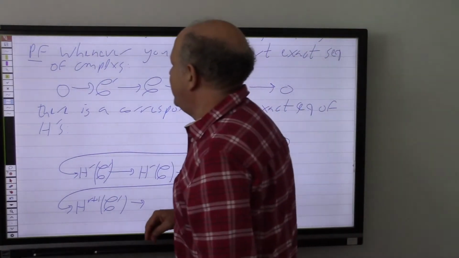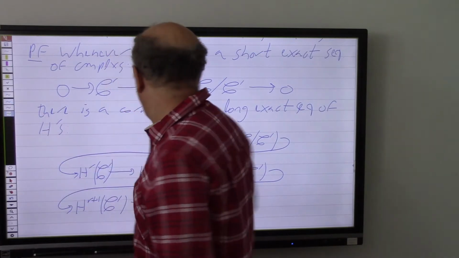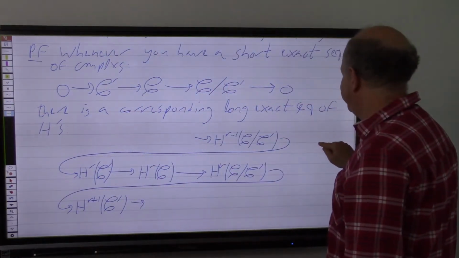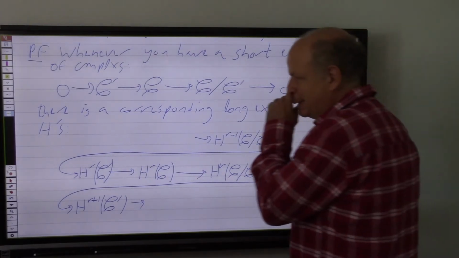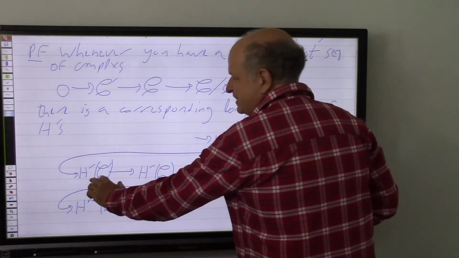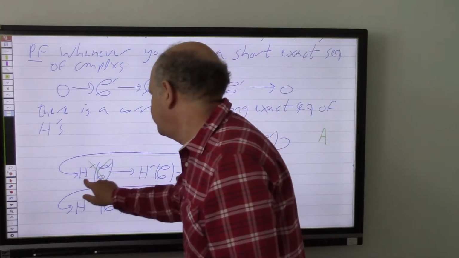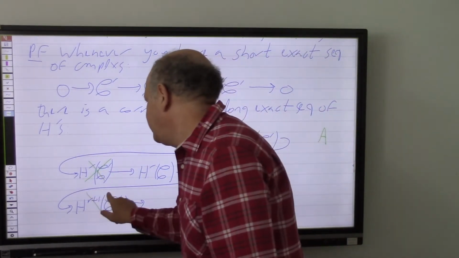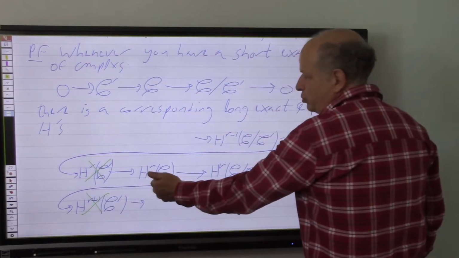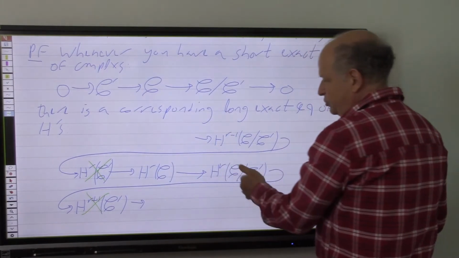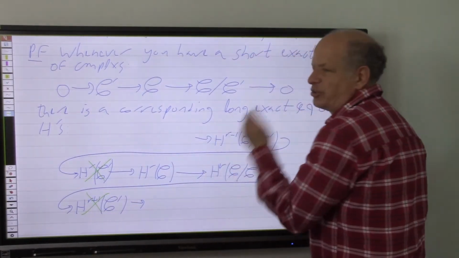Okay? And now there are two cases to check. So let me do case A in green. So case A was that the homology of C prime was equal to 0. If the homology of C prime is equal to 0, then this is 0 and this is 0. And so you get 0 goes to homology of C, goes to homology of the quotient, goes to 0, and that's an ultra short exact sequence.